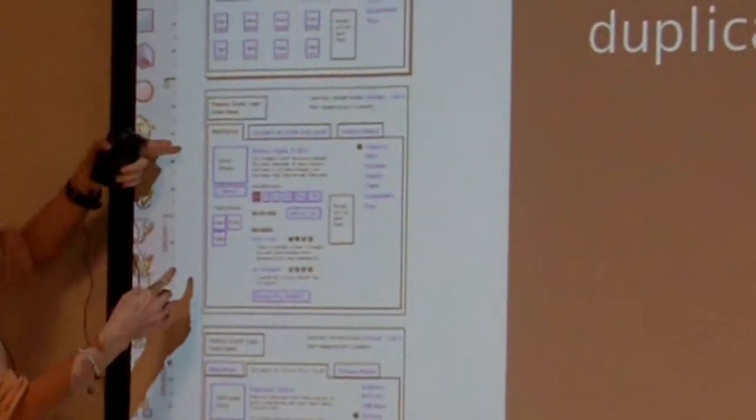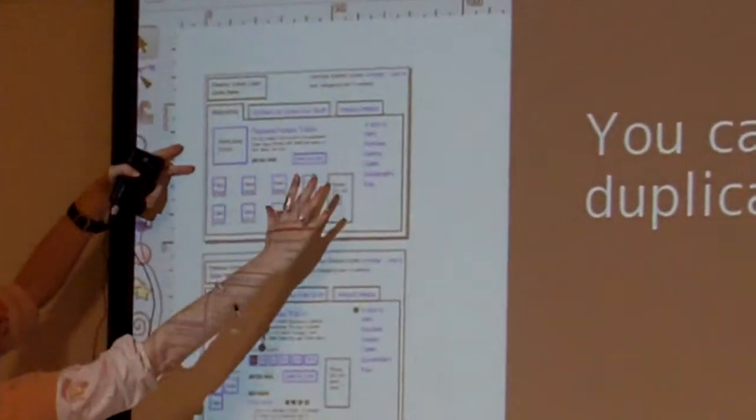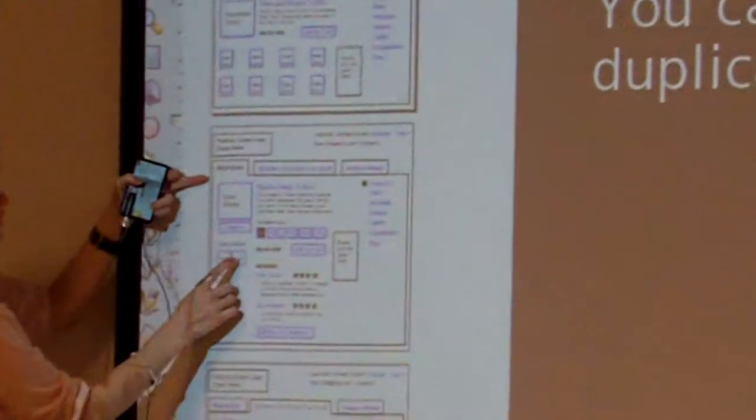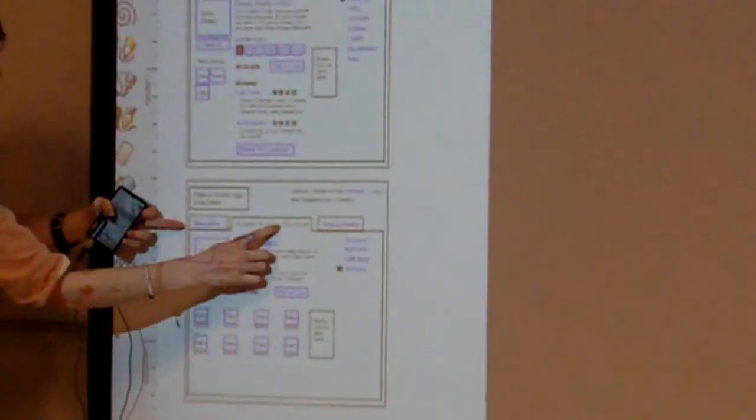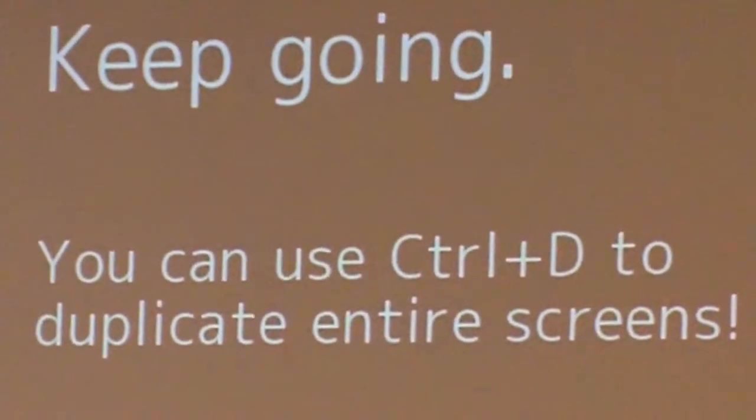Here's tab number 1, the overview browse. Here's tab number 1, but I made it a details view, and then here I moved it so it's tab number 2. But I didn't have to redraw everything, so everything's consistent and aligned. Everything uses the same fonts, the same colors, with a minimum of work. All I had to do is design the diff. I didn't have to redesign it from scratch.